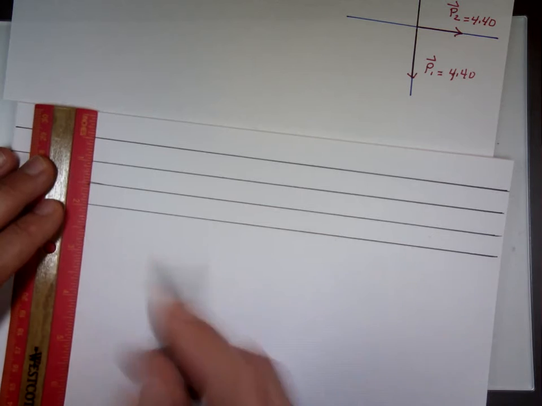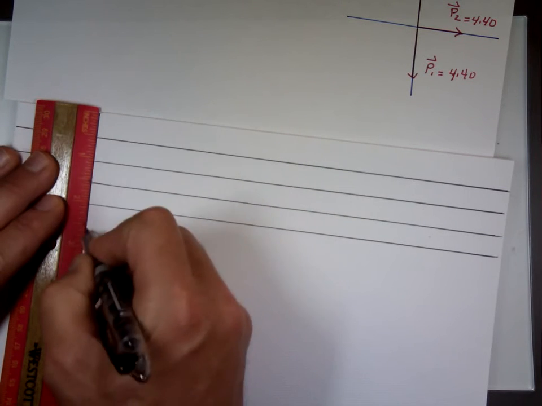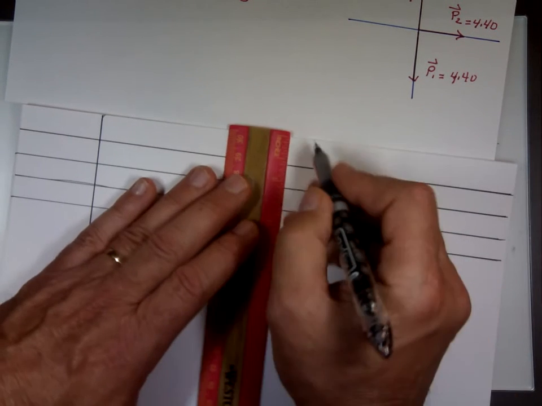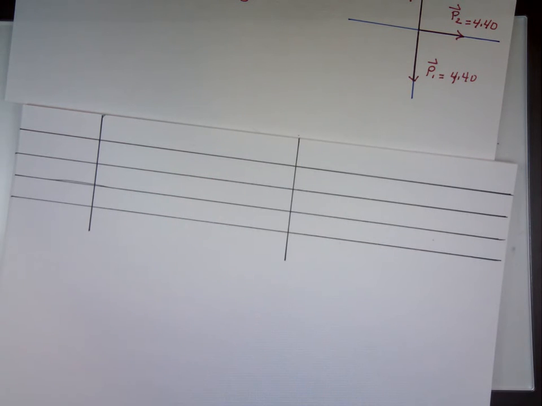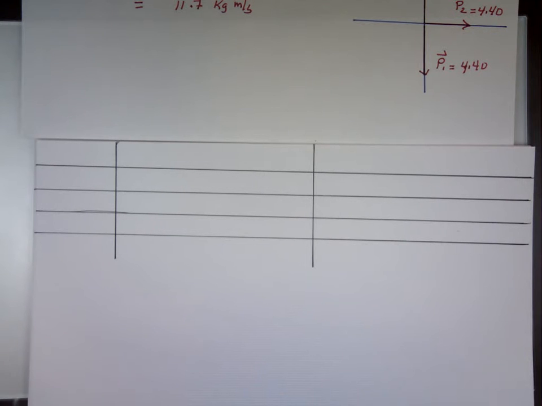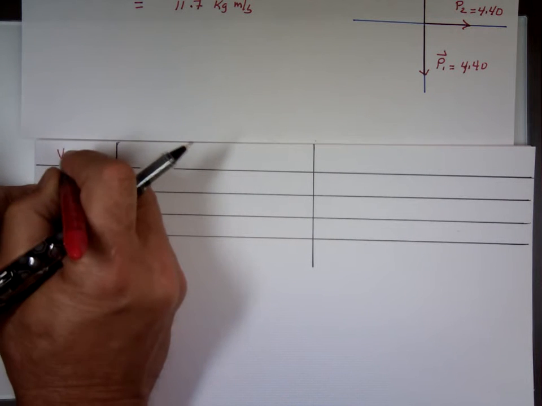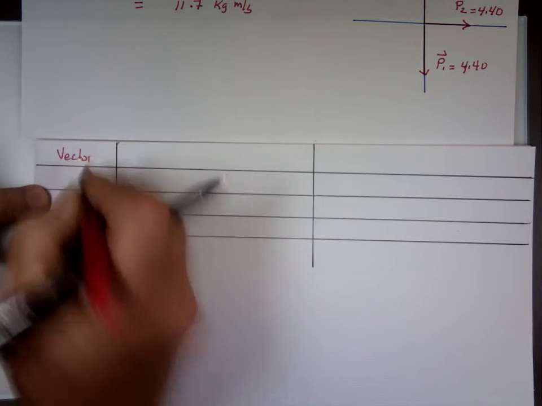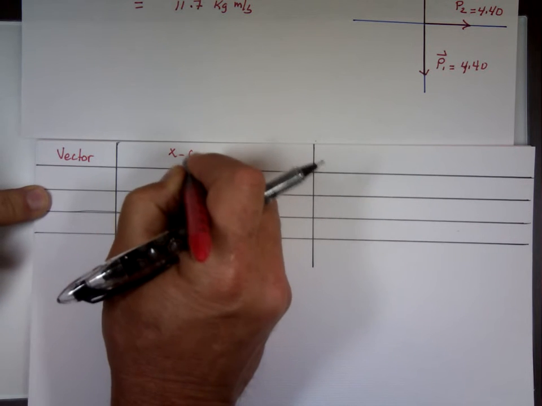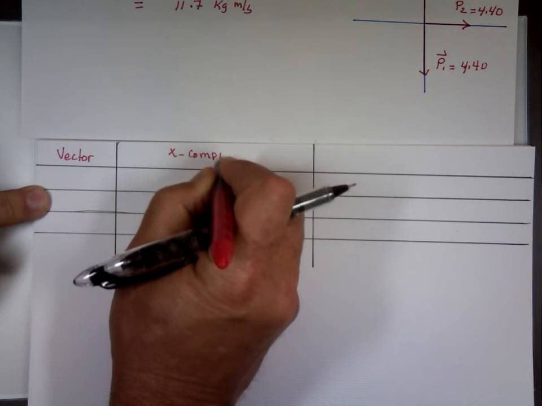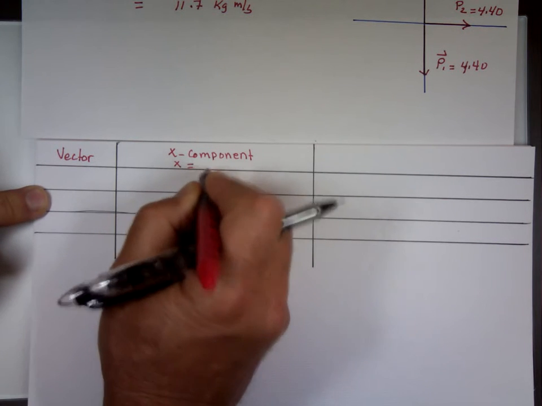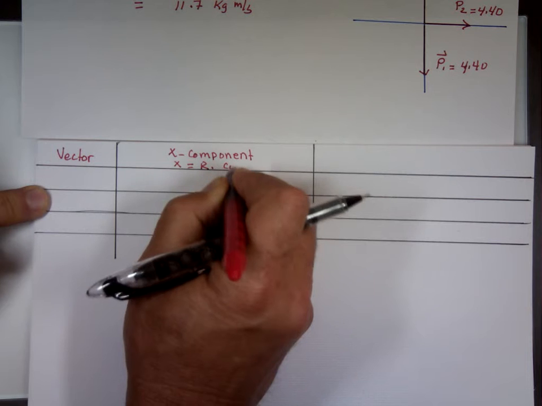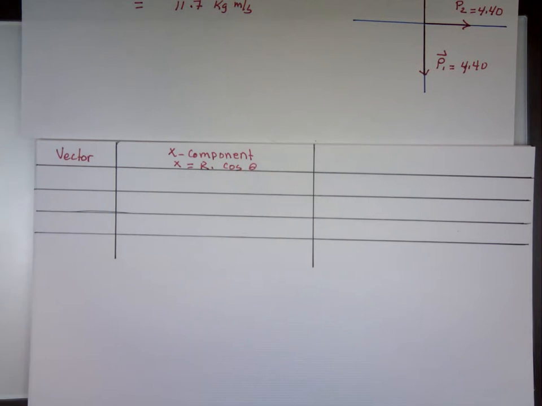So let's write the vectors here. X component, y component. Does that look familiar? Now we're kind of reviewing for the final exam. To get the x component, what? R times cosine theta, in case you forgot. And the y component, what was it?